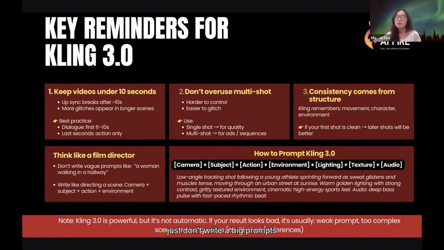Don't write big prompts like a woman walking in a hallway. Instead, be specific about what you want to see. A simple structure that works really well is this: the camera, subject, action, environment, then lighting, texture, audio. That alone will improve your results a lot.